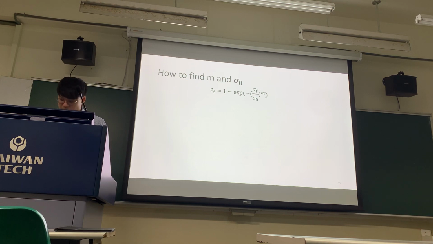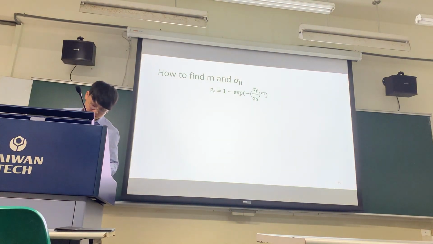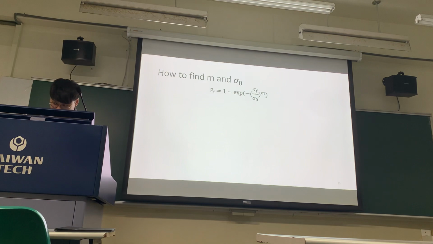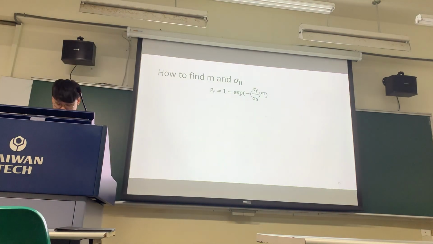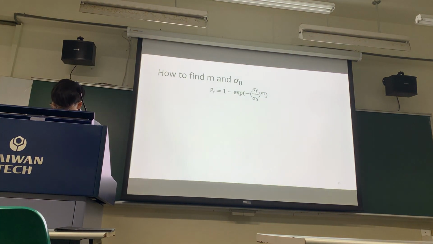So how do we find n and sigma naught? How do we find that number using this equation? There's a few math steps we have to do before we get that. So let's play around with that. Let's move the 1, 2 to the left hand side.